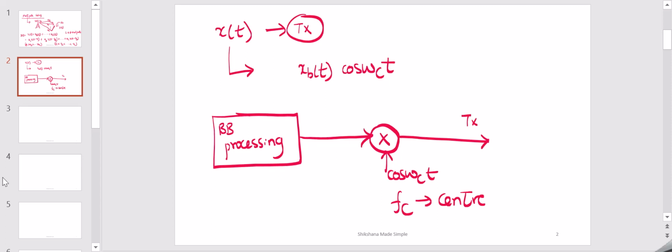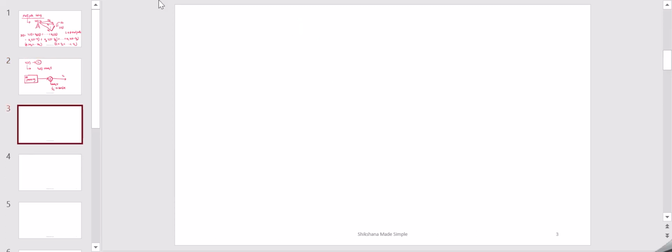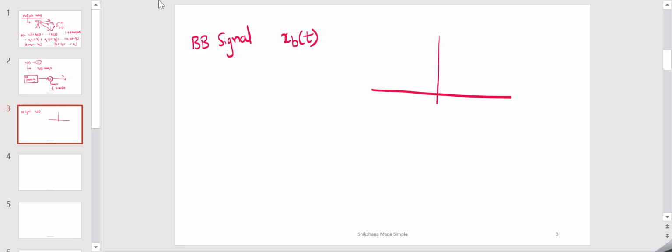Now let us see this baseband signal, xb of t. If you draw the frequency spectrum or frequency plot, which is xb of f, which is nothing but the FFT of xb of t, right?